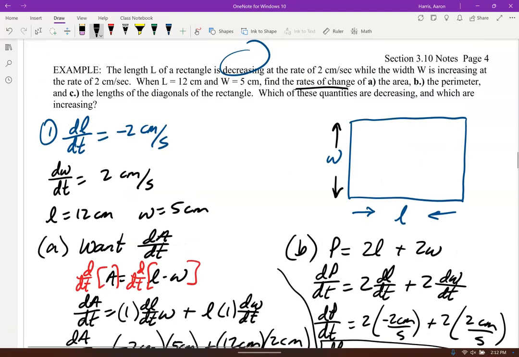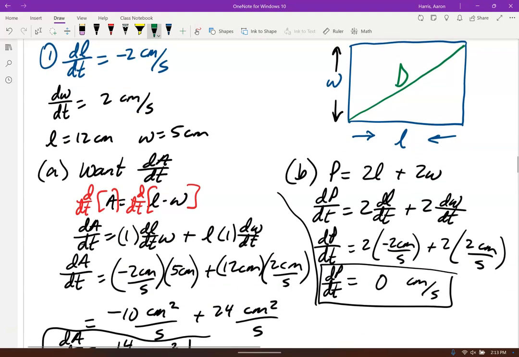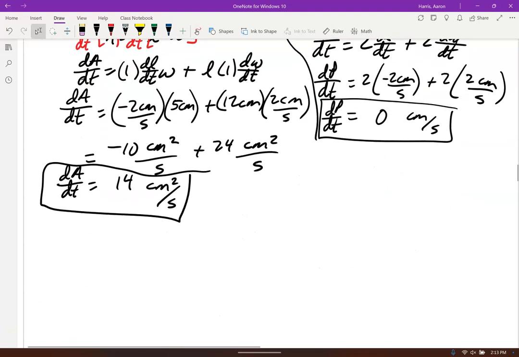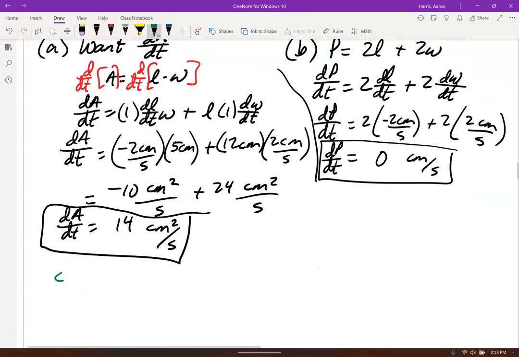All right, the last part asks, what about the lengths of the diagonals? Well, the rate of change of the length. So let's draw the diagonal here. Let me call it capital D for length. From the Pythagorean theorem, D squared equals L squared plus W squared.